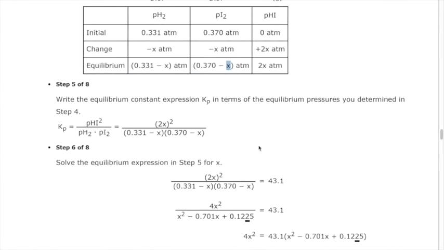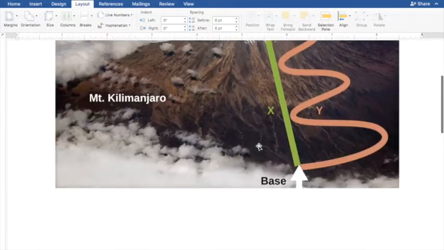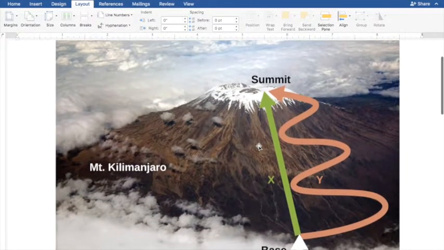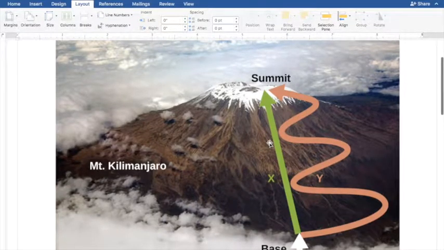And a state function, as we may remember, is not contingent upon the path. State functions are much like the altitude of climbing Mount Kilimanjaro, the altitude is the same no matter what path you take.